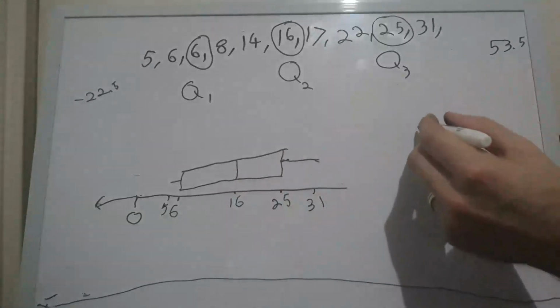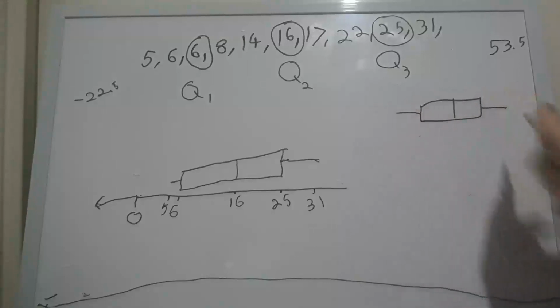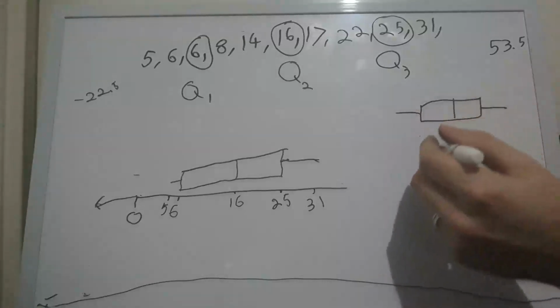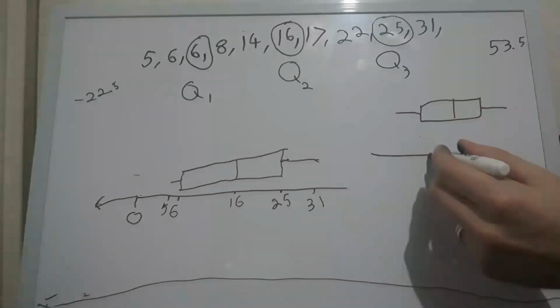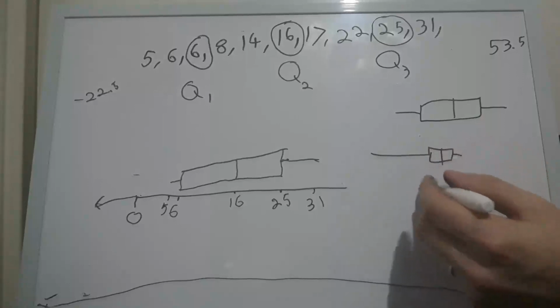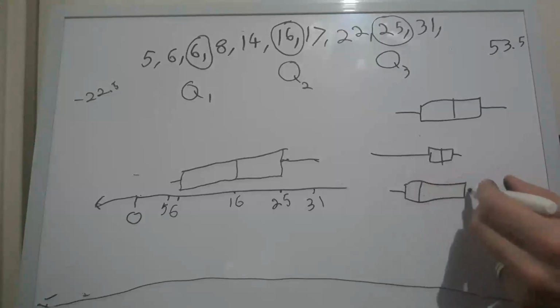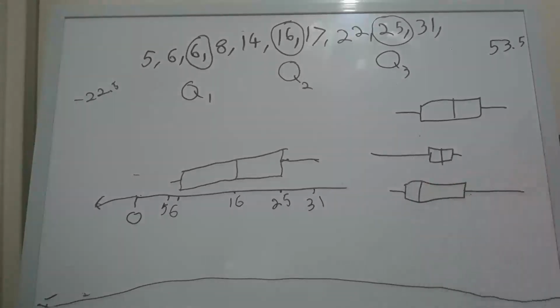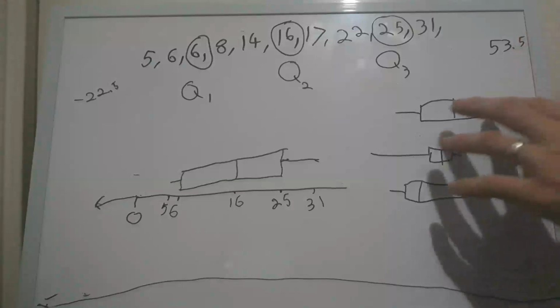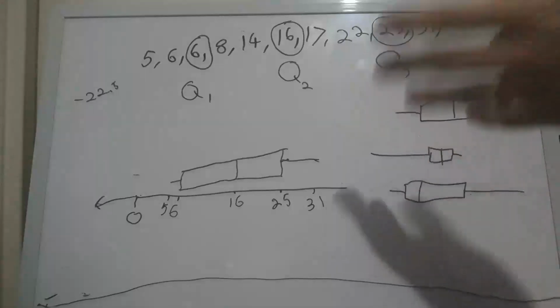Similarly, if you had a box plot that looked like this, nice and symmetrical, it hasn't been skewed. If you had a box plot that looked like this, it's negatively skewed. Or if you had a box plot that looked like that, positively skewed. Looking at these box plots, you can tell that quartile 1, 2, and 3 will be a pretty even distribution.